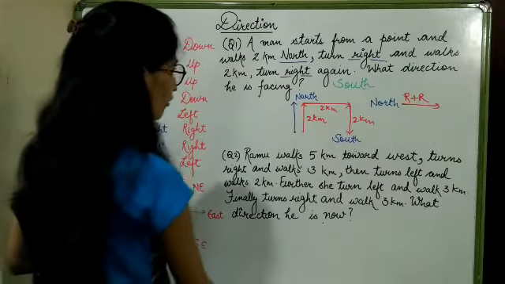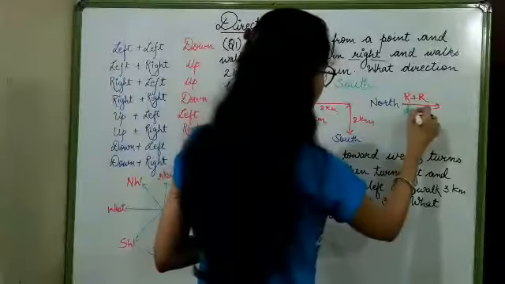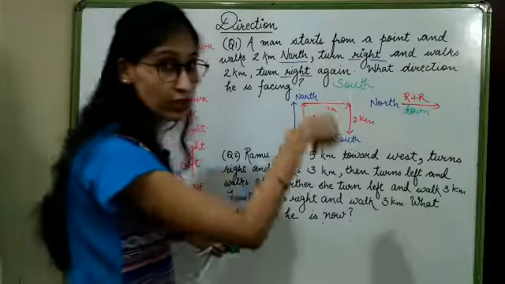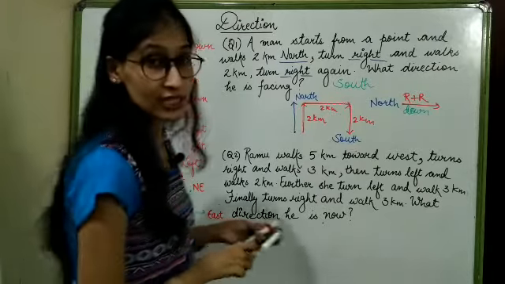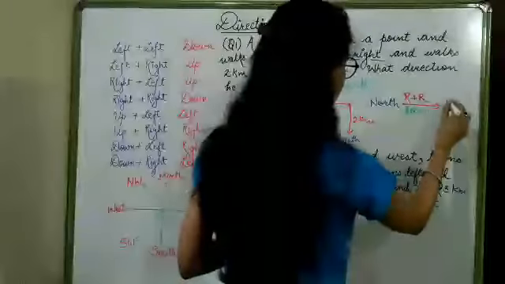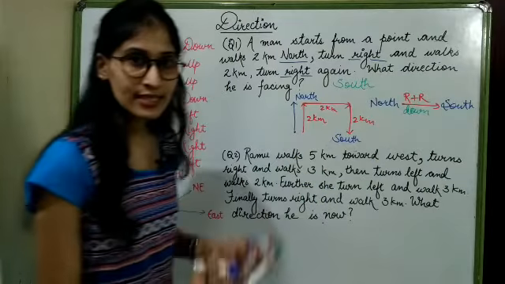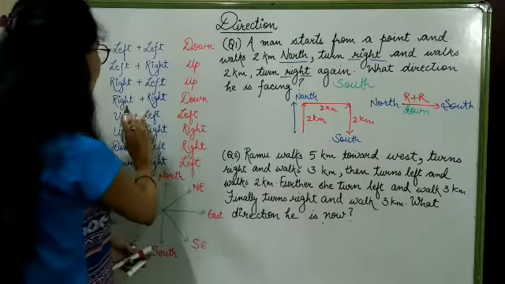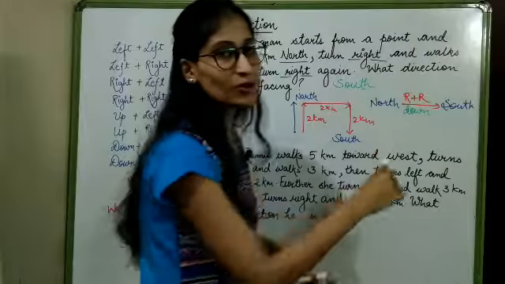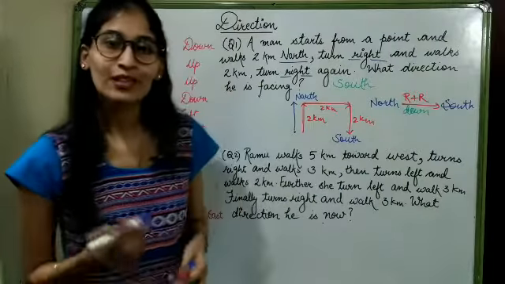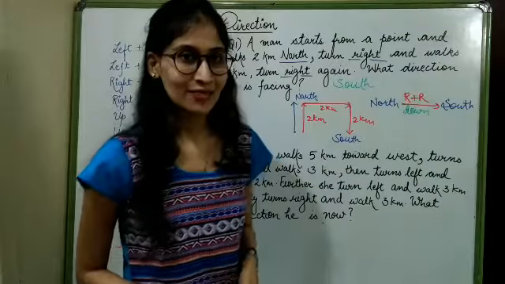So the result of right plus right will be down. And the downward direction of north is south. So directly with this table I can write the answer as south. He has started with north, then right plus right means downward, and downward of north will be south. So with this table we can solve in just seconds.